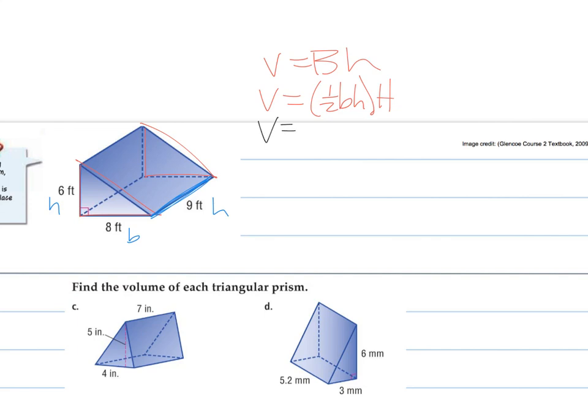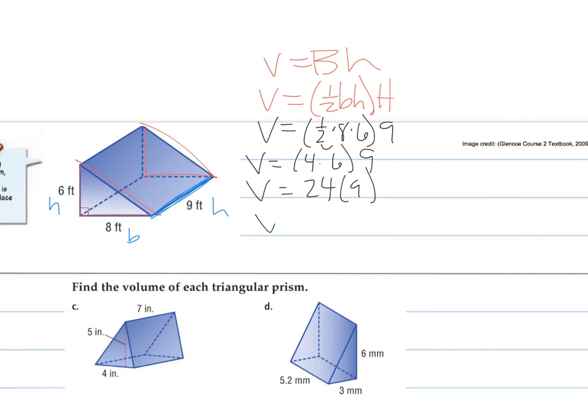So we plug in those values. 1/2 base of that shape was 8. Height of it was 6. Height from base to base was 9. So then I get 4 times 6 times 9, which is 24 times 9, which means that we have a volume. Did I make a mistake in there? 4 times 6.